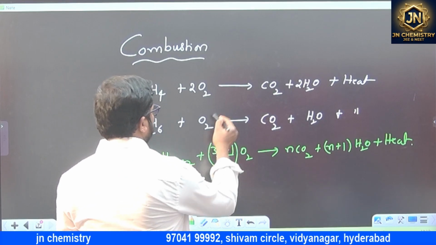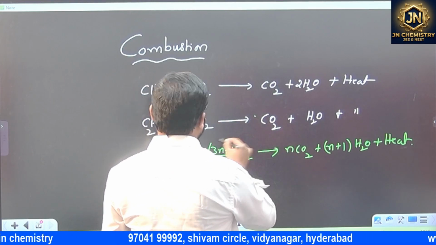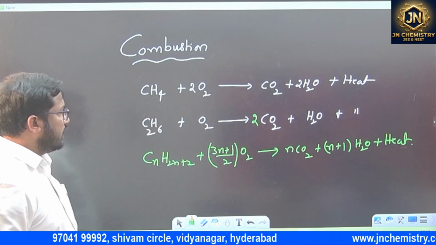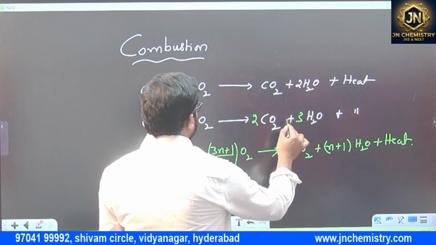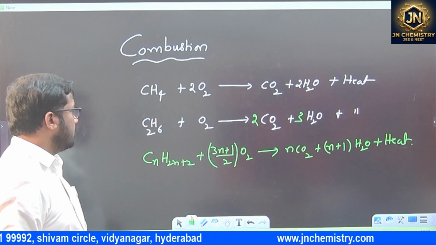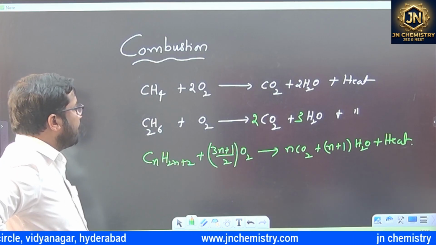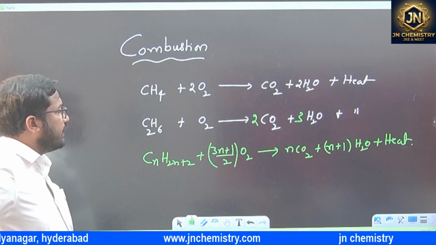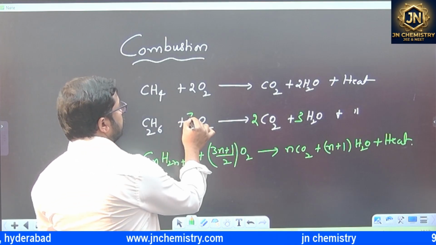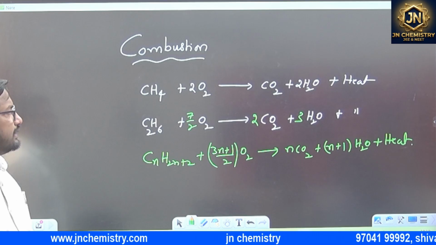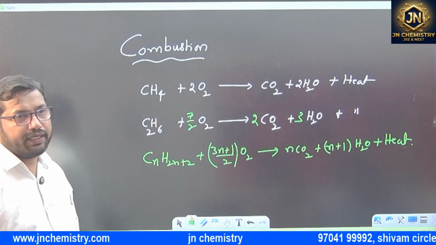Obviously it is nCO2, so for C2H6, 2CO2, 3H2O, so (3n+1)/2 is 7/2 O2. We need to balance the equation like that, for any organic compound, any alkane.